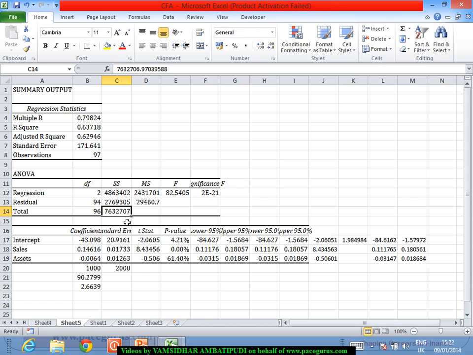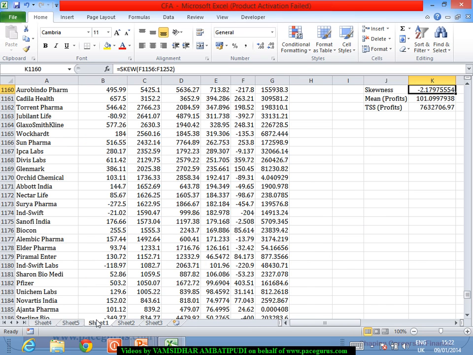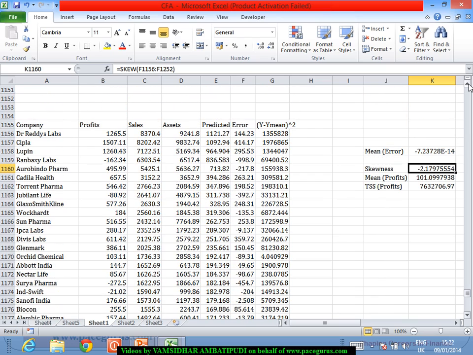So for the original data, I find the mean, subtract the mean from each of the observations, square it and add it up. That is what gives me the total sum of squares. Then we have predicted the value using the regression equation.